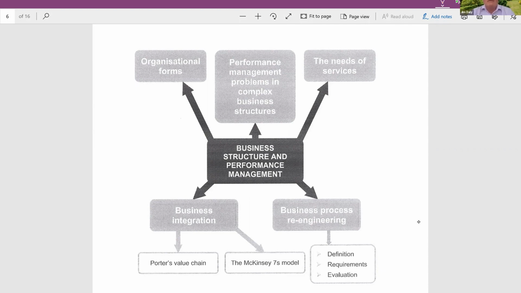What might the problems be? Needs of the services. And then when it comes to looking at things like business integration, linking, we'll say, operational strategy, i.e. short-term to long-term, we could use models such as Porter's value chain, or the McKinsey 7S model. BPR, business process re-engineering, we need to know the definition, the requirements, and how to evaluate.